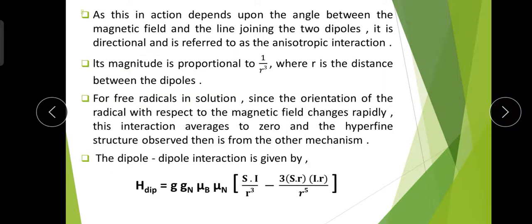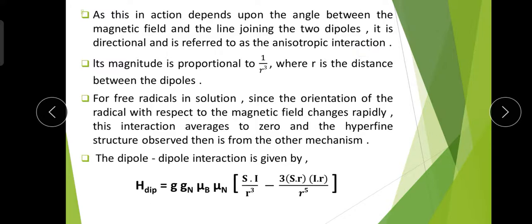As this interaction depends upon the angle between the magnetic field and the line joining the two dipoles, it is directional and is referred to as an anisotropic interaction. That means the dipole-dipole interaction between the nuclear magnetic moments and the electron magnetic moment depends on the angle between the magnetic field and the line joining the two dipoles.